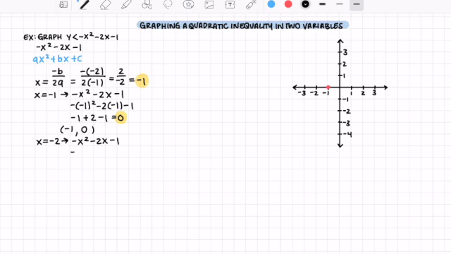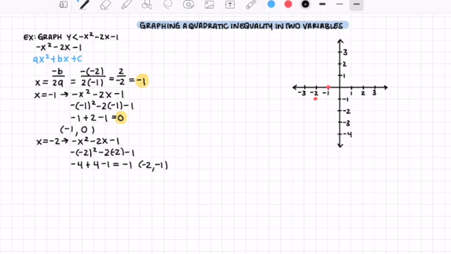When I do that, I get negative 2 to the power of 2 minus 2 times negative 2 minus 1. And that equals negative 4 plus 4 minus 1, which is just negative 1. So I get the ordered pair negative 2, comma, negative 1. So on the graph, I'll go 2 points to the left and 1 point down to negative 2, comma, negative 1.